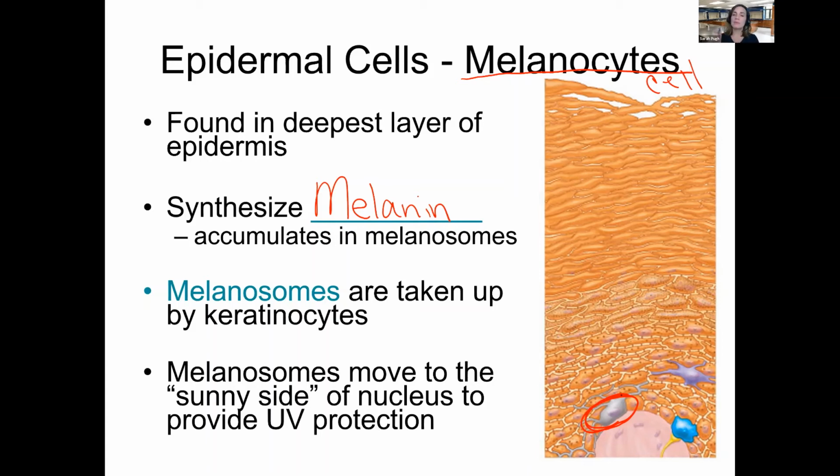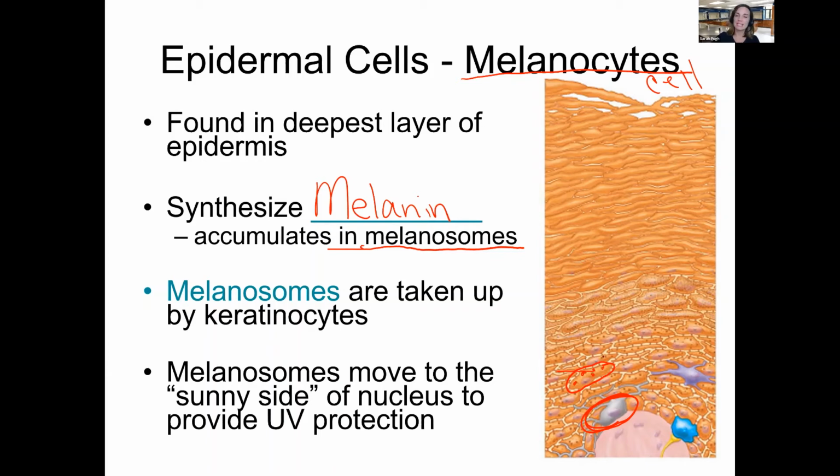That melanocyte will make melanin. It stores the melanin in little vesicles called melanosomes. Those melanosomes then get pushed out of the melanocyte and they get taken up by keratinocytes, right? So all these orange cells, if you look at them, you see how they have these little gray circles, these little tiny vesicles in them. Those are melanosomes.